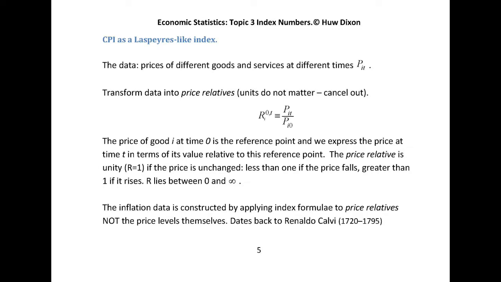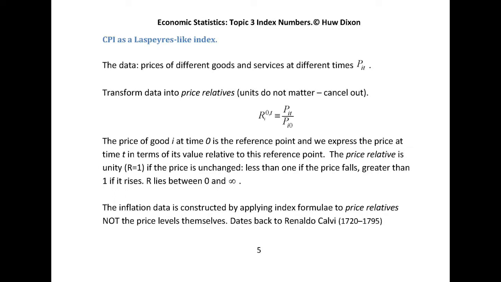So the price of good i at time 0 is really a reference point, base point. And we use this to express the price at time t in terms of its value relative to this reference point. And typically this reference point in CPI data is January of a particular year. So we have price relatives for each year, and they start off at 1 in January and then vary over the year, as you'll see in the data.